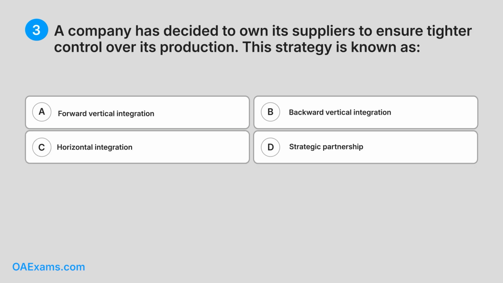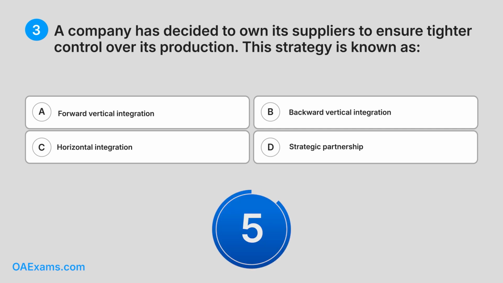without delay. 3. A company has decided to own its suppliers to ensure tighter control over its production. This strategy is known as A. Forward vertical integration. B. Backward vertical integration. C. Horizontal integration. D. Strategic partnership. Can you guess the answer?